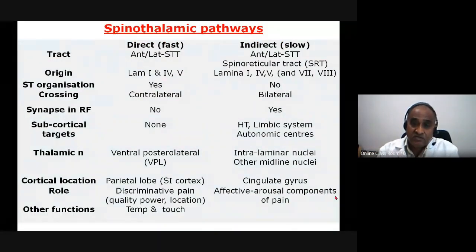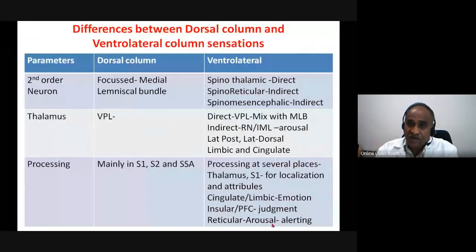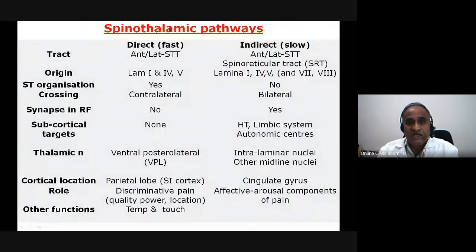what I was trying to provide here are the direct pathways and the indirect pathways. Now let us consider these spinothalamic direct and indirect pathways. The direct pathways of the spinothalamic tract directly reach the thalamus and then the cortex.